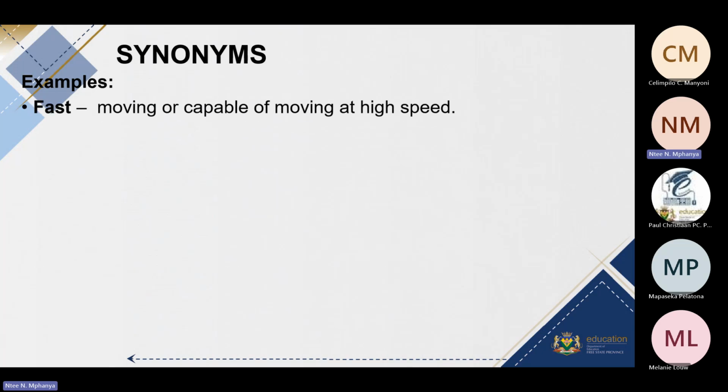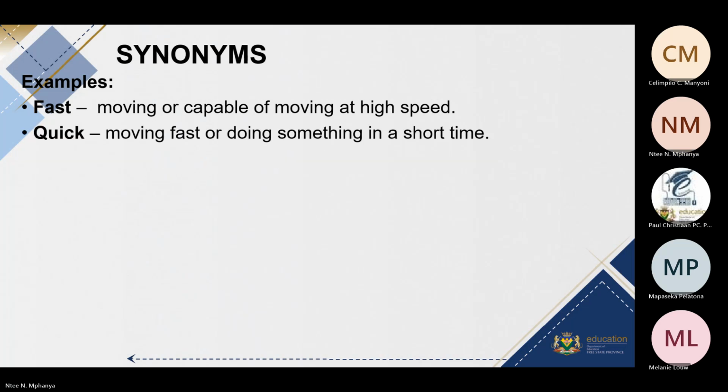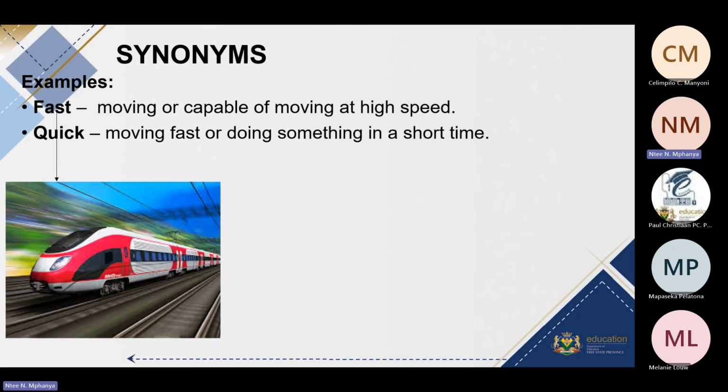Another example, fast. Moving or capable of moving at high speed. And quick. Moving fast or doing something in a short time. The bullet train moves fast across the landscape. Can you see the movement? It shows that it is running at high speed, it is fast.